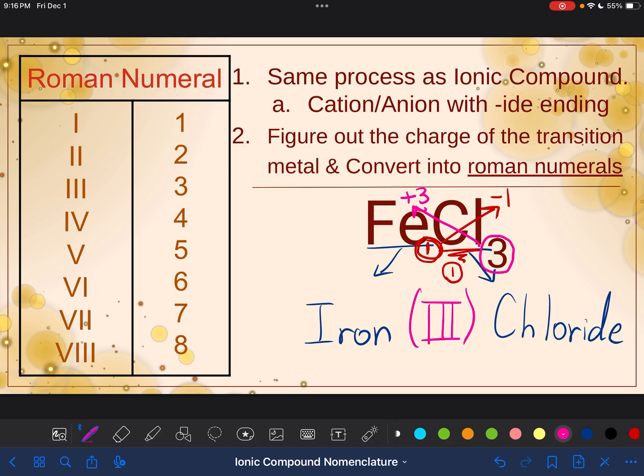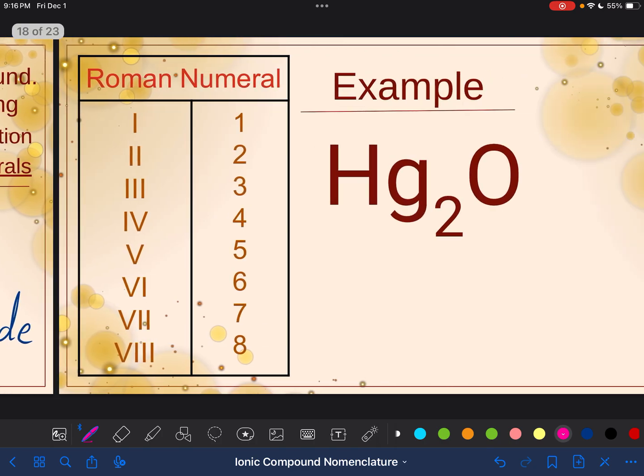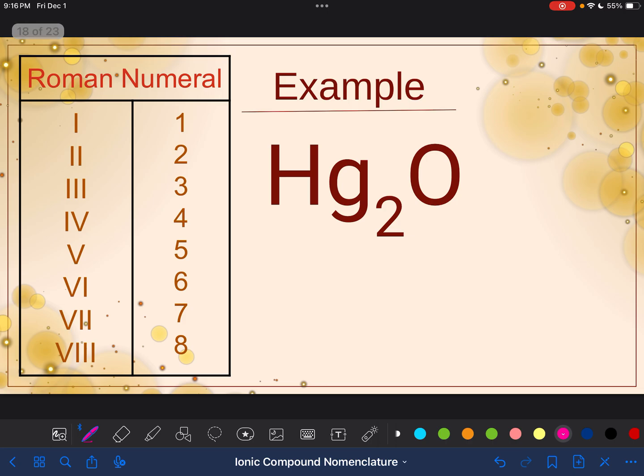So make sure you guys rewind and make sure you understand how this is done. If you still don't get it, please look it over. And if you do get it, try this example question out. Okay, well, let's reveal the answer. So Hg, that is mercury.